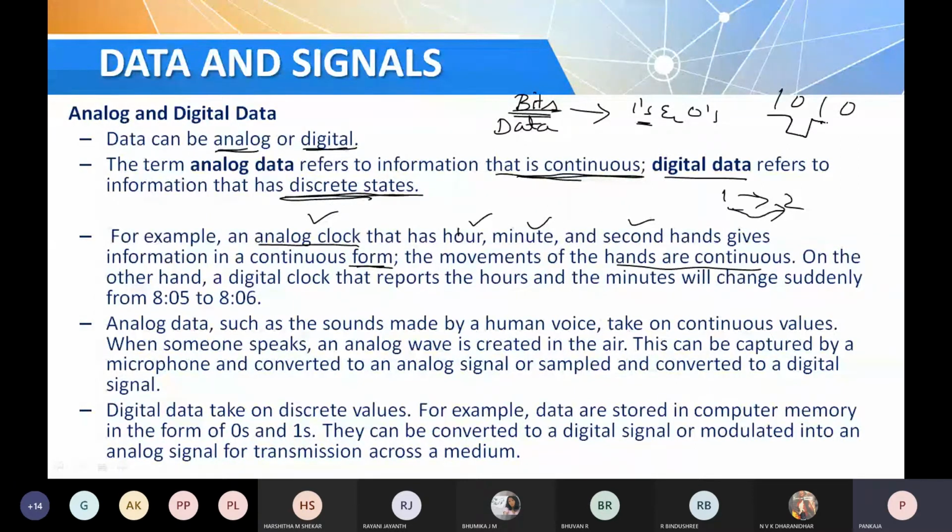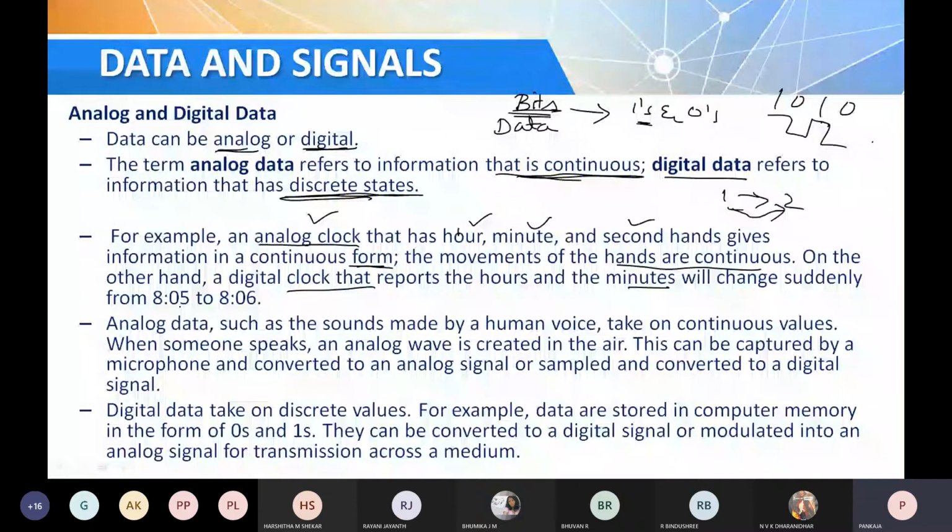For this example, we can take a digital clock. A digital clock that reports the hour and minute will change suddenly from 8:05 to 8:06, either AM or PM. So the clock is going to change from this state to this state suddenly.